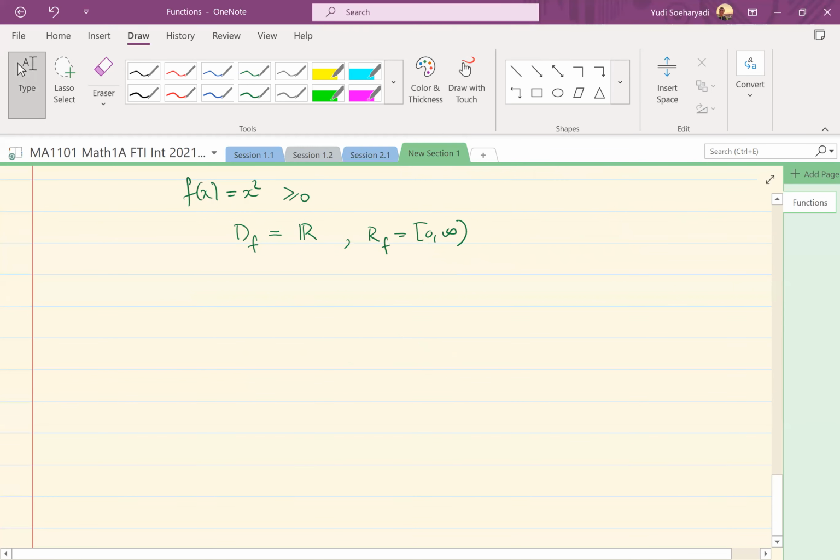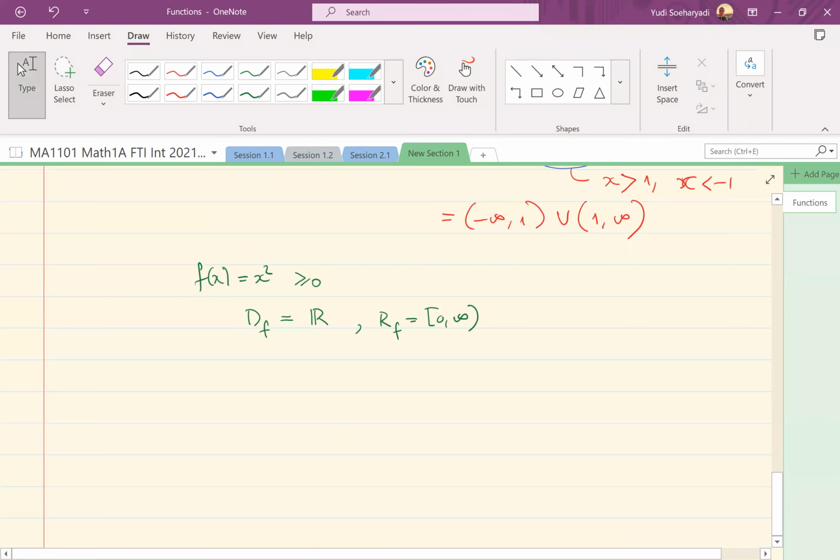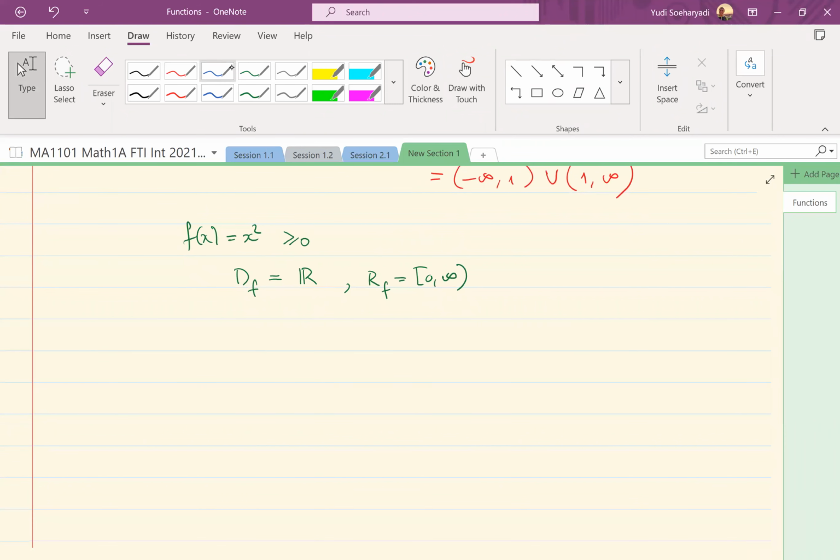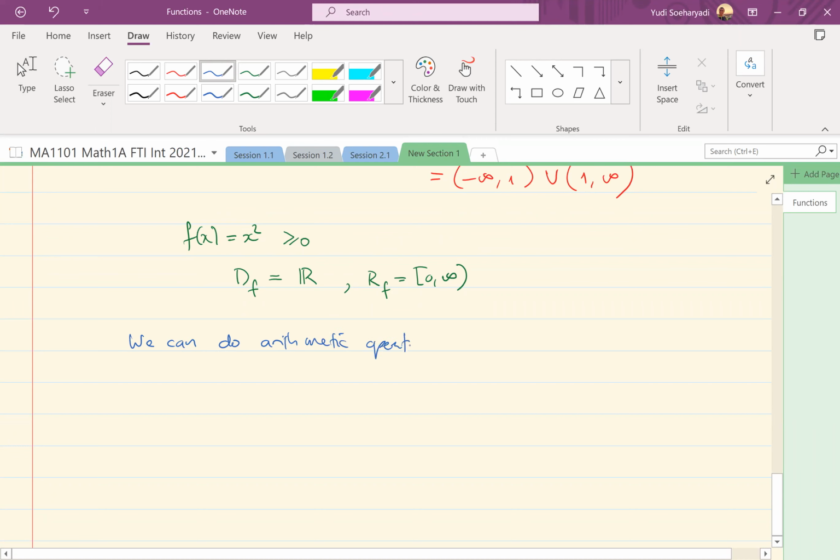So you can add, subtract, multiply, and divide functions. Do arithmetic operations.